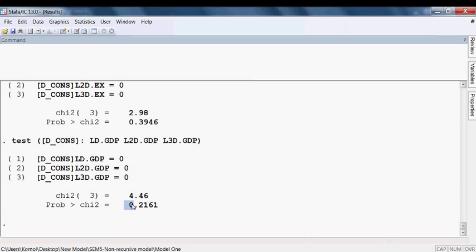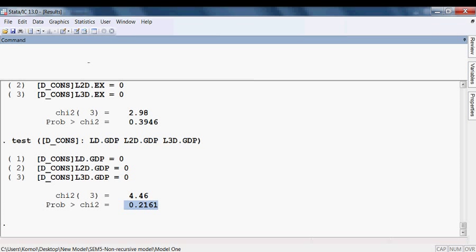And here the p value is 21.61%, and that is more than 5%. So we cannot reject the null hypothesis. Rather, we accept the null hypothesis, meaning that there is also no short-run causality running from GDP to cons.